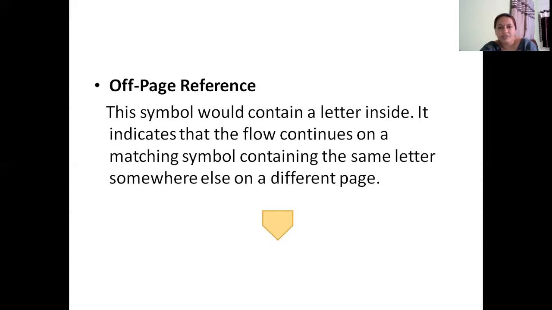Say you write the letter C in the current page. To connect this in the next page, you have to use the symbol with the same letter C again. The same holds true for on-page reference also. The names which we use for these connectors should match in both the places.